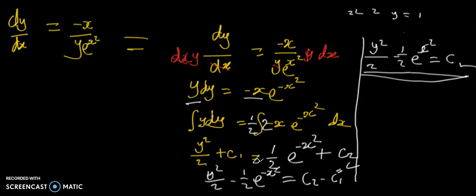If you are given some condition this way, you can go ahead and evaluate the value of x when x is 2 and the value of y when y is 1. Then you will find the value of c. Otherwise, this solution is acceptable, and this is how we evaluate an ordinary differential equation.